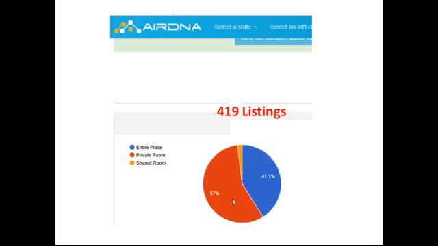Okay, also in AirDNA, they're showing me that out of 419 listings, the ones in blue are where people rent the entire place out, like a studio or a house. So 41% of the people do that, but the majority, 57% in red, are renting out private rooms. That's very important to realize.